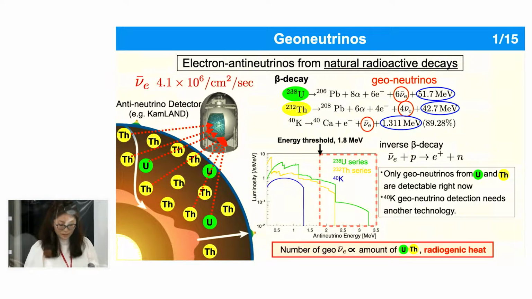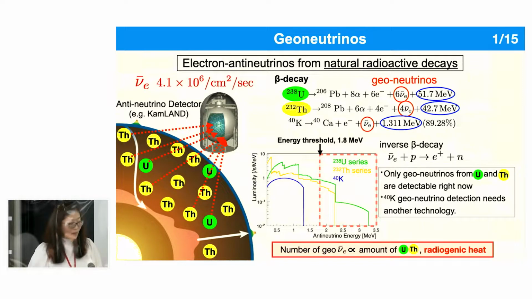This is the energy spectrum of uranium in green, thorium in yellow, and potassium in blue. As we heard from Ingrida yesterday, currently we can only measure the geoneutrinos from uranium and thorium, because there is an energy threshold for inverse beta decay, which is the reaction we use for measuring these antineutrinos.